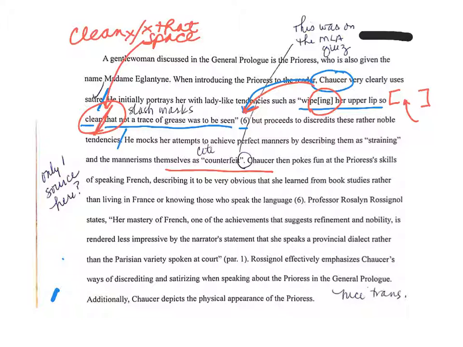We can assume that she's pulling them from the Chaucer Purple book, okay? So what she's missing here is a citation. It's probably on page 6. And she would need to cite that here, which would tell the reader that both counterfeit and straining are direct words coming from page 6 of Chaucer.